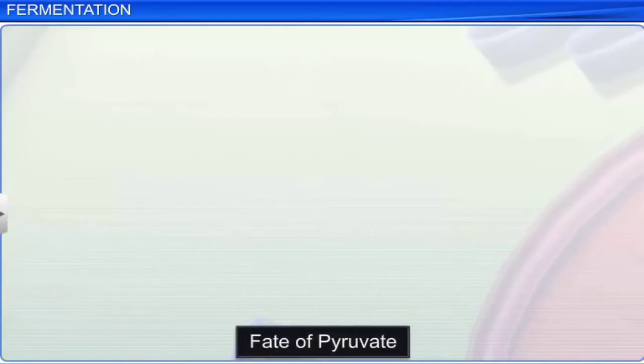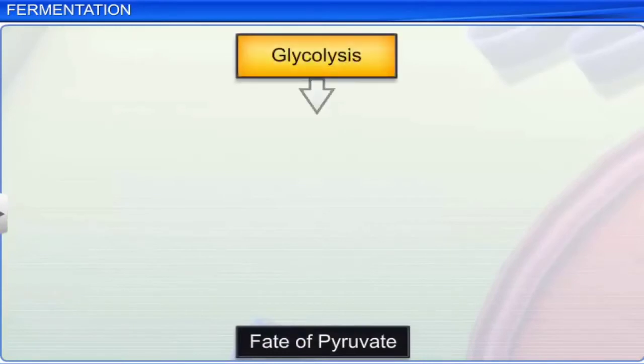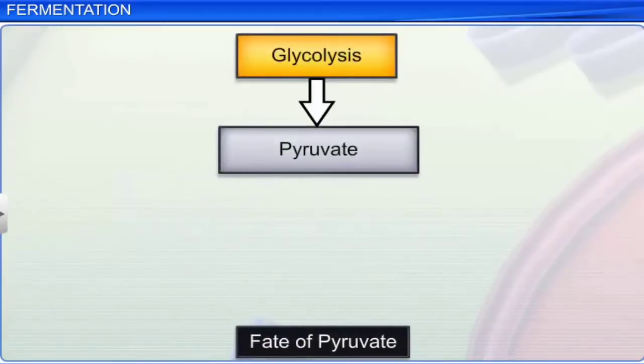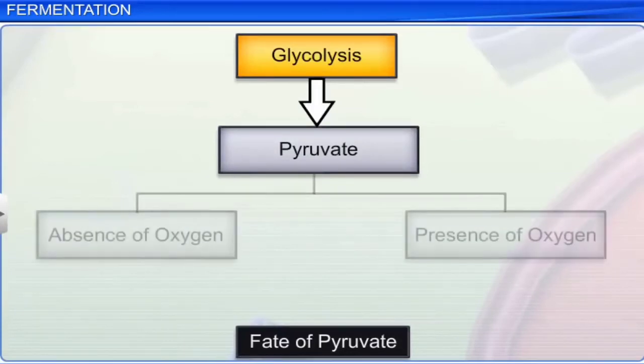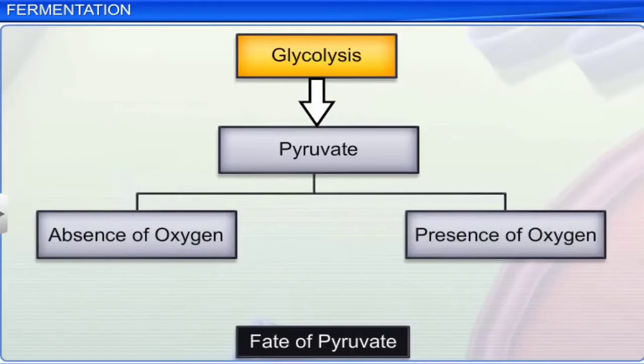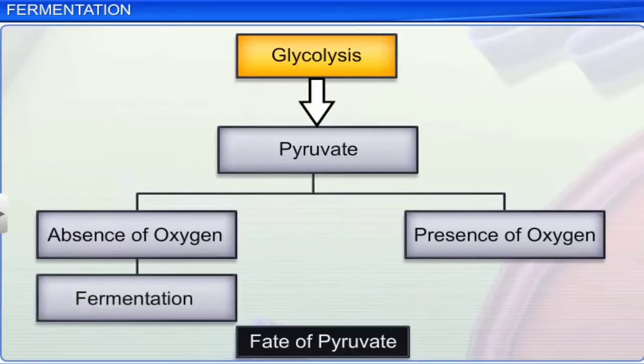In a plant cell, glycolysis leads to the formation of pyruvic acid or pyruvate. Further, it is broken down based on the availability of oxygen. In the absence of oxygen, the cell undergoes fermentation.